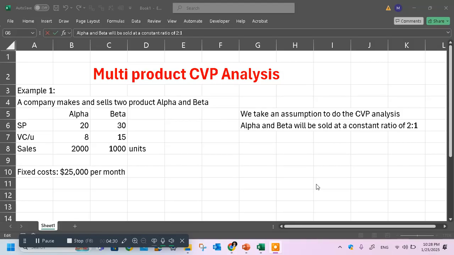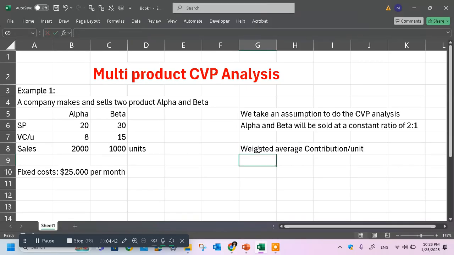If that is so, we can find something known as weighted average contribution per unit. What is weighted average contribution per unit? You have alpha and beta. The contribution per unit of alpha is 20 minus 8, $12.